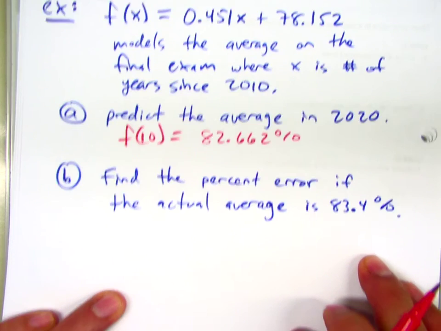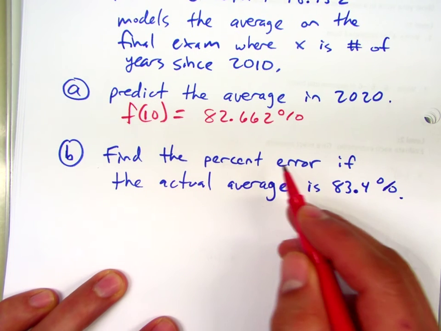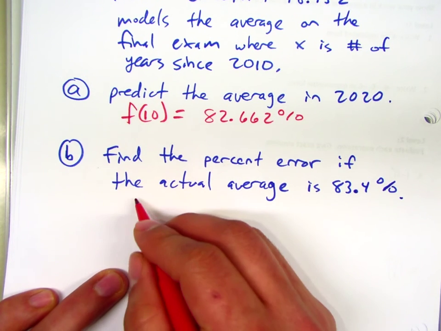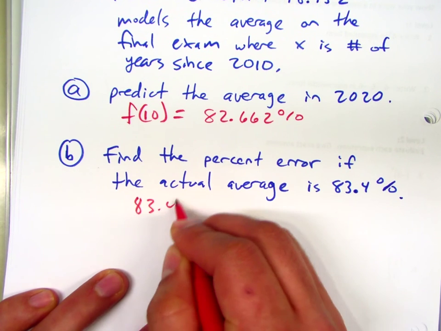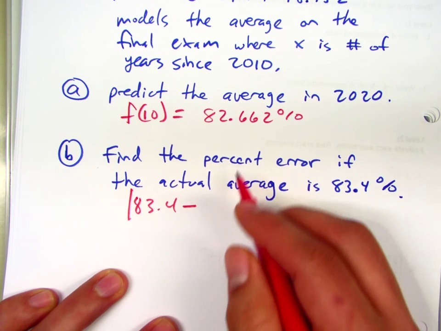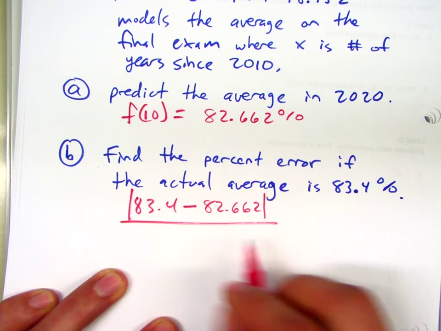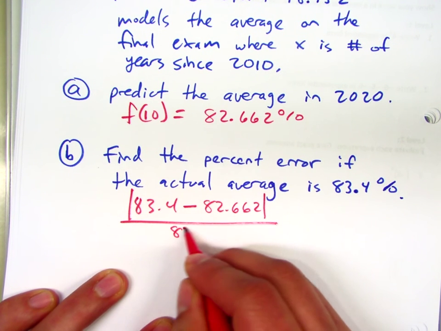Part B. Find the percent error if the actual average was 83.4. What's the actual value? 83.4, minus the approximation, over the actual value of 83.4. Good. Times 100.